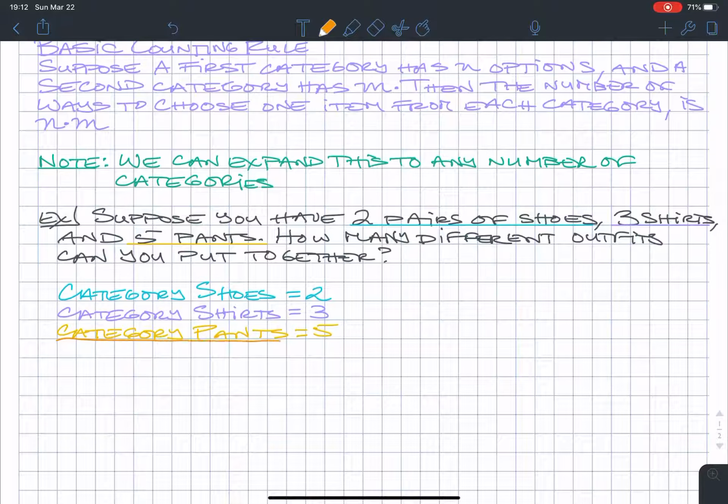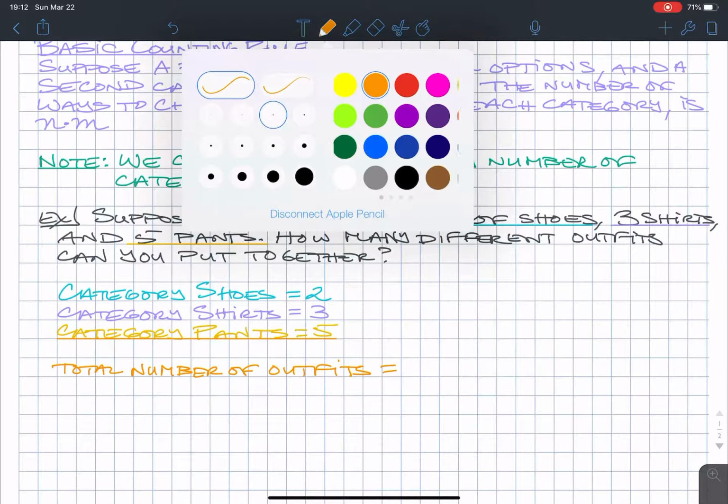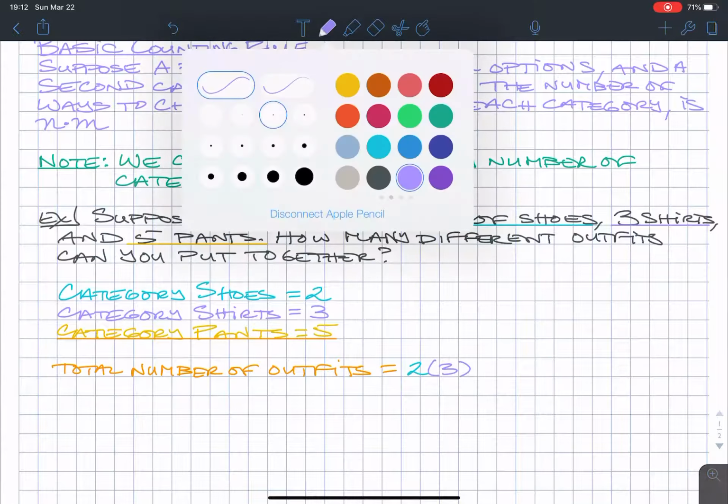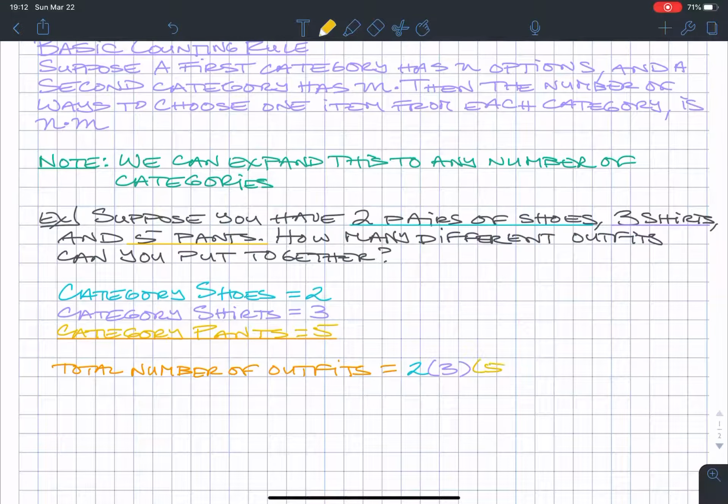So I claim that the total number of outfits will be equal to 2 times 3 times 5.